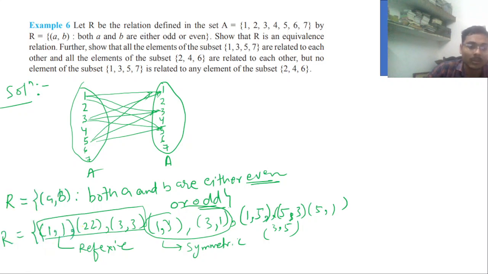So 1 with 3, then we have 3 with 5 and 5 with 1. These all complete a circular loop. This is why it is transitive. Since this relation is reflexive, symmetric and transitive, it is an equivalence relation.